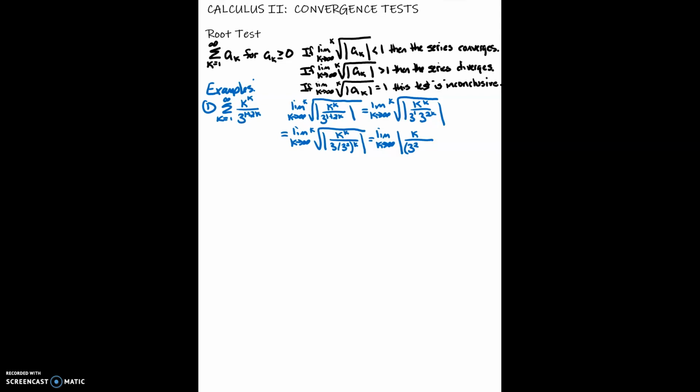Notice I haven't dealt with this one. That one stays inside the radical. So that is still the kth root of 3. And I think I'm going to go ahead and take the limit now. I think that's all we need.